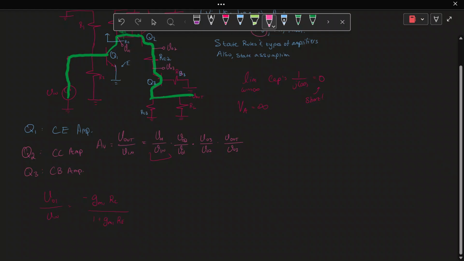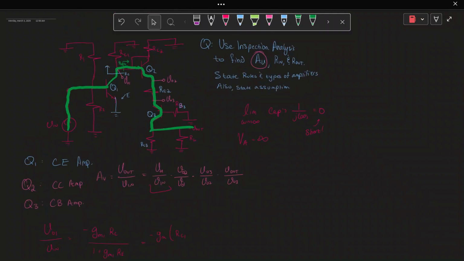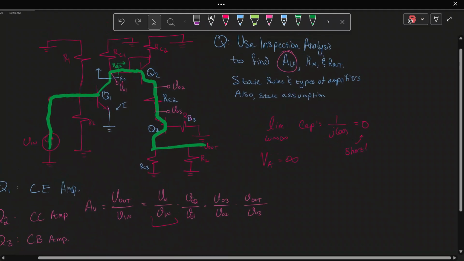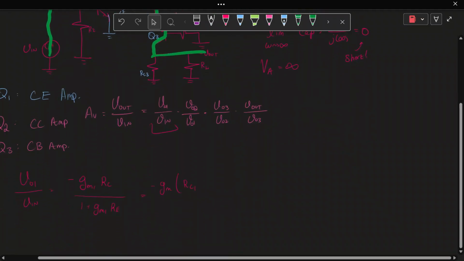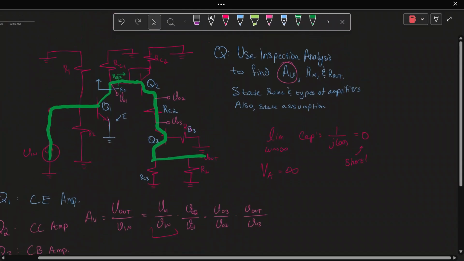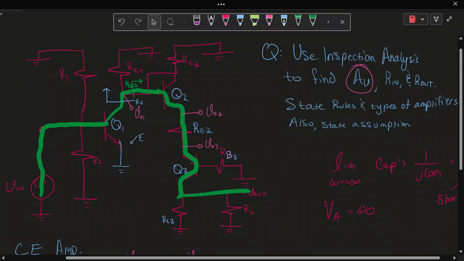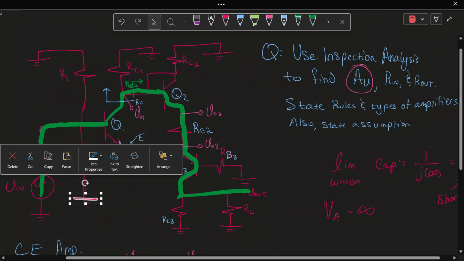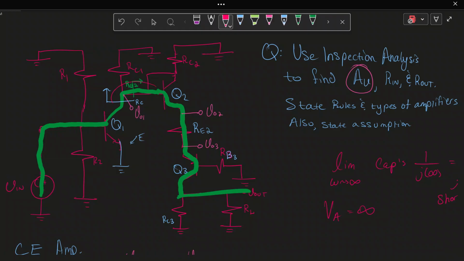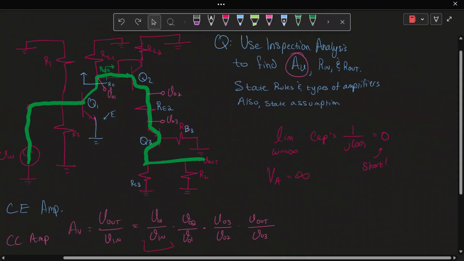So the resulting equation would look something like this. It equals negative GM1 times RC1, because we see RC1 from the collector of the first transistor, in parallel with RB2. This is because they share the same node, and they end up getting connected to the ground.